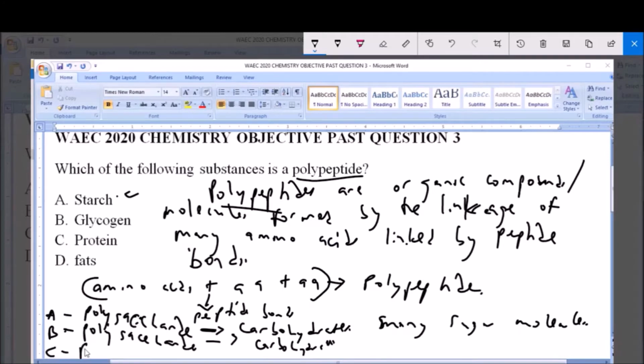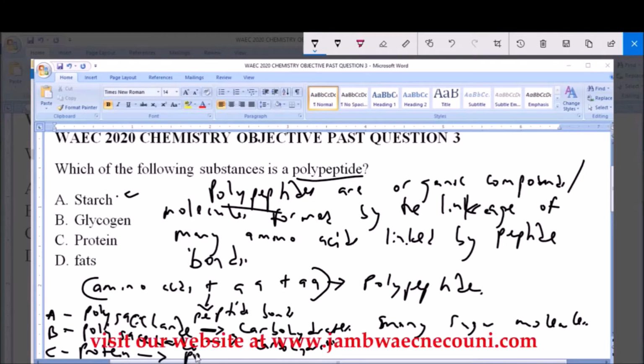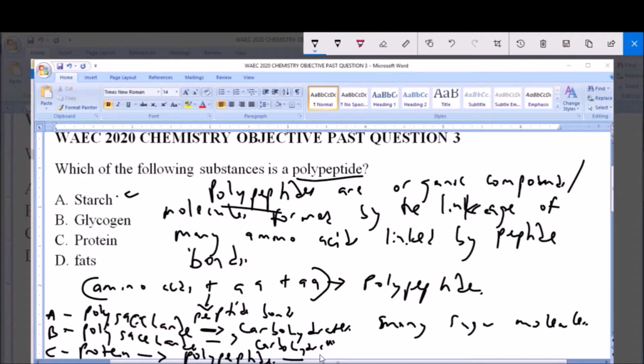Now option C, which is protein, is a polypeptide. Protein is the most popular example of polypeptides because proteins are basically made up of amino acids, and these amino acids are linked together by peptide bonds. So you have what is called a polypeptide or polypeptide chains.